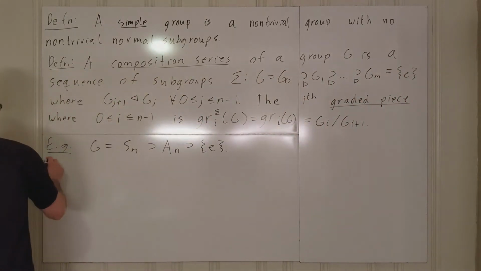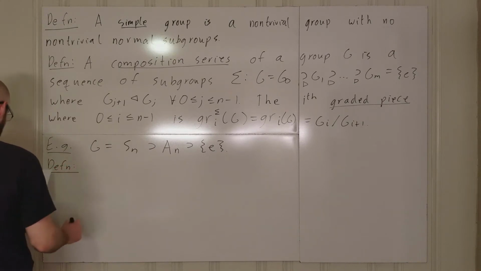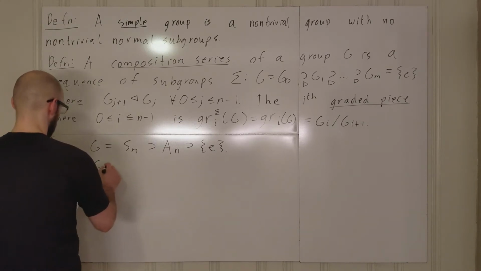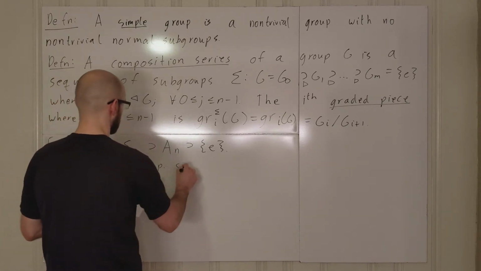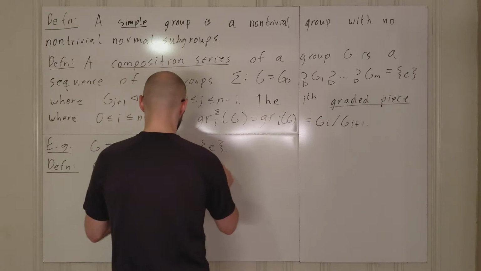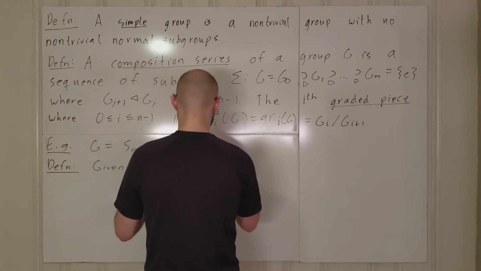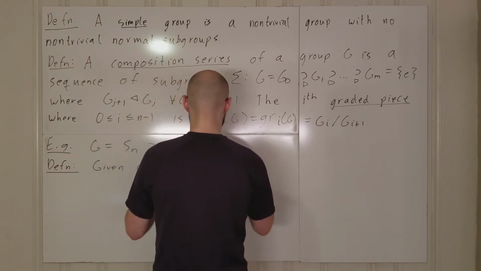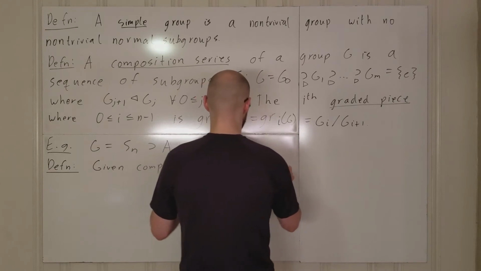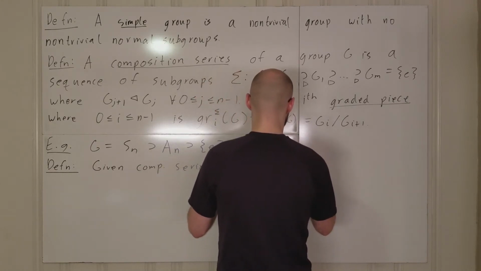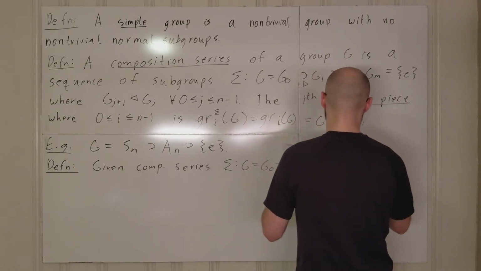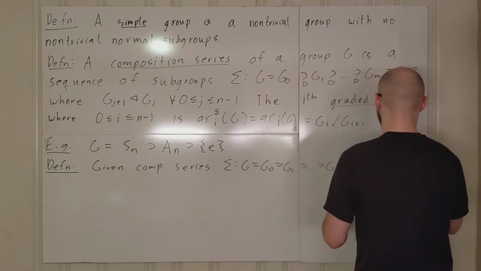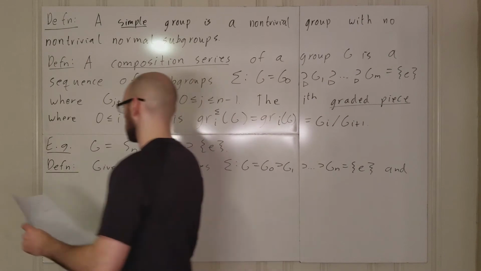Okay, so this is a new concept, so we've got another definition. So, given two composition series, we'll say sigma: G equals G naught, which contains G1, all the way up to Gn, which is trivial, or rather just the identity.